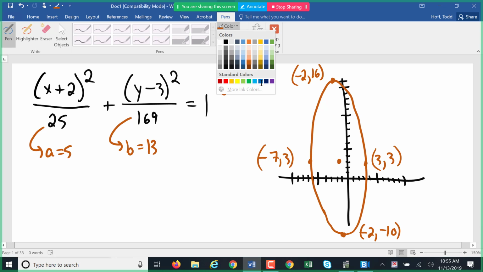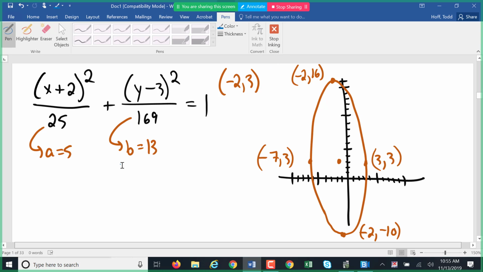To find my foci, B is the larger one, so it'll be B squared minus A squared equals C squared. So 169 minus 25 equals C squared. 169 minus 25 is 144.